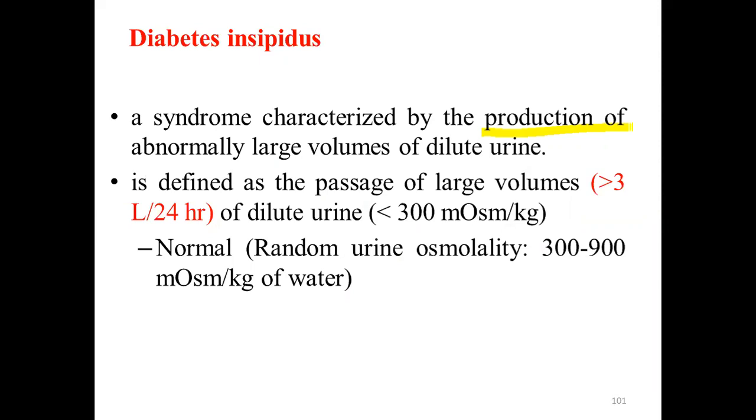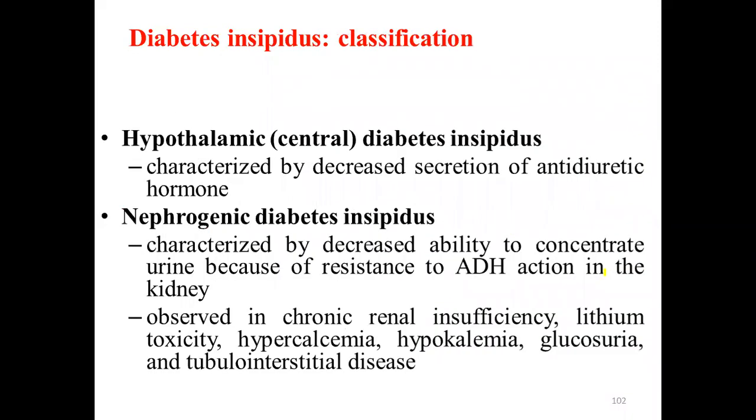It is very common to see passage of large volumes of urine above 3 liters per 24 hours, and it is very dilute, based on the osmolality of the urine, which is the most common finding. Remember, the normal urine osmolality is between 300 to 900, but if a patient has diabetes insipidus, the osmolality of the urine will be less than 300 mOsm/kg.